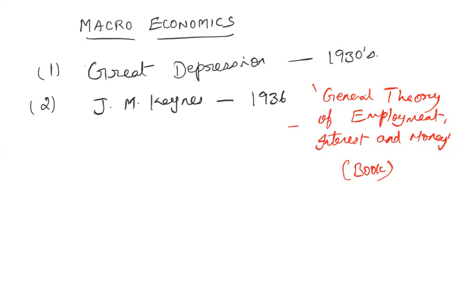So now let us see what is the origin of the word macroeconomics and what are all the things macroeconomics studies about. Okay, so the word macroeconomics or macro is derived from the Greek word macros.